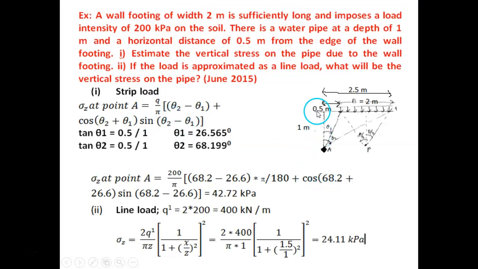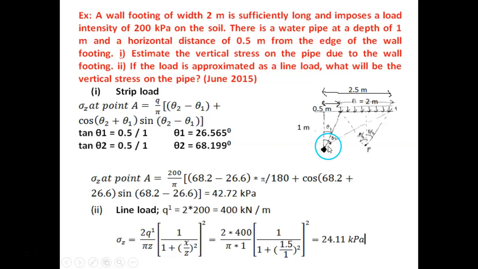So here, to find the vertical stress at this point, we have to draw radial lines from the end points of the strip load to the point A. Then we have to find the angle made by these radial lines with vertical as theta 1 and theta 2. Using the triangular property, we can write tan theta 1 equal to 0.5 by 1.